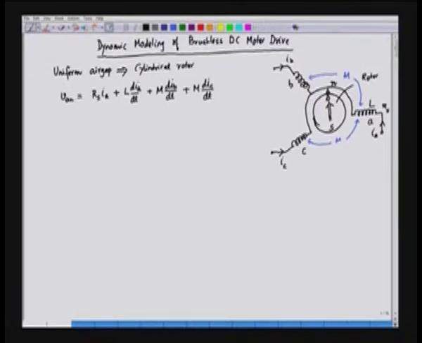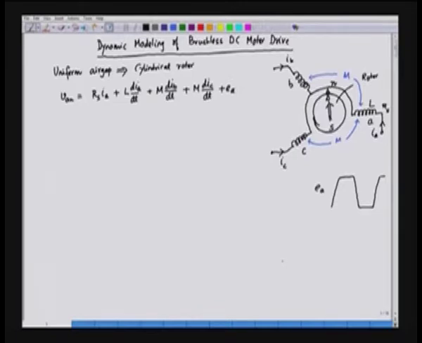In fact, the induced EMF we have seen in the last lecture is trapezoidal. So it looks like this. In every phase we have an induced EMF which is trapezoidal in nature. So this could be the induced EMF in phase A. So we will put here plus EA.